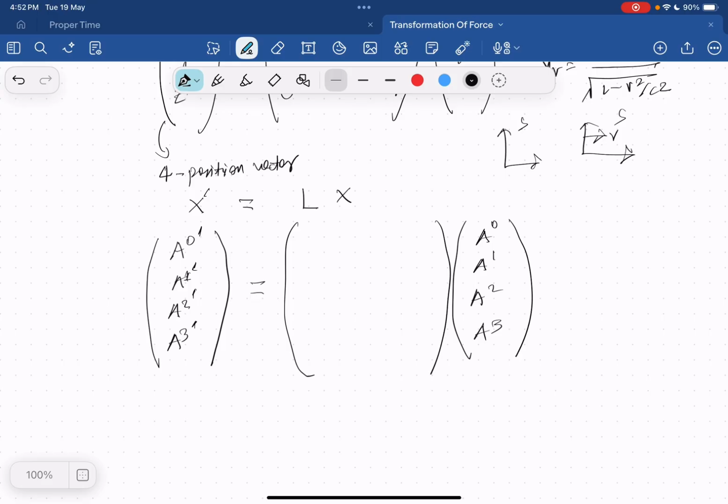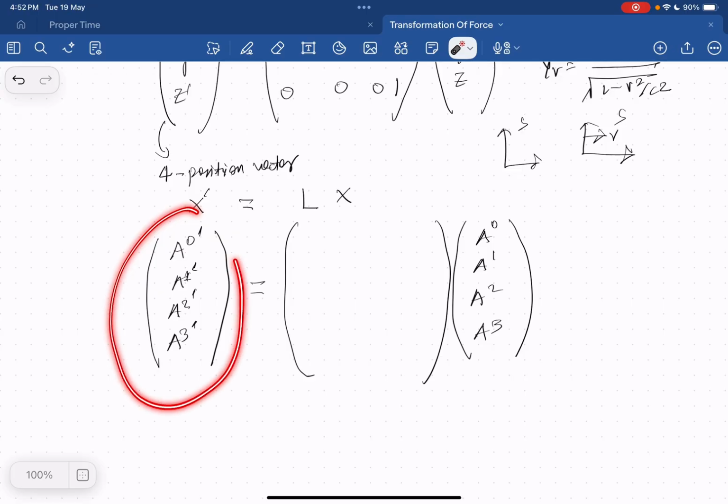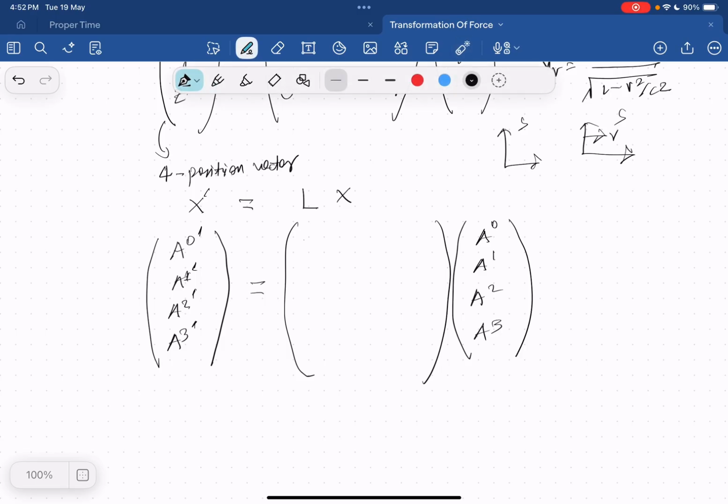Then if these vectors are related by the same matrix, namely we have gamma v here, minus gamma v beta here, 0, 0; minus gamma v beta, gamma v, 0, 0; 0, 0, 1, 0; 0, 0, 0, 1.